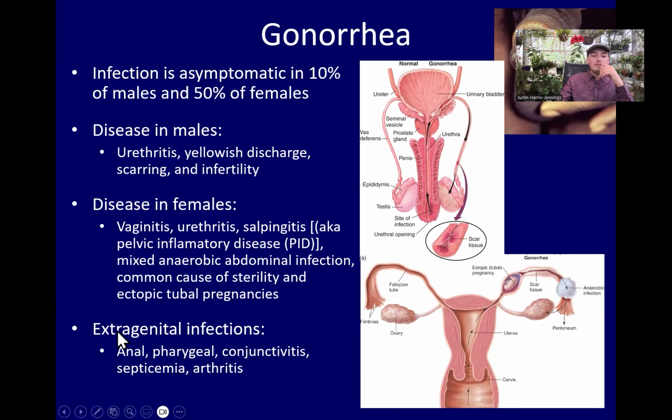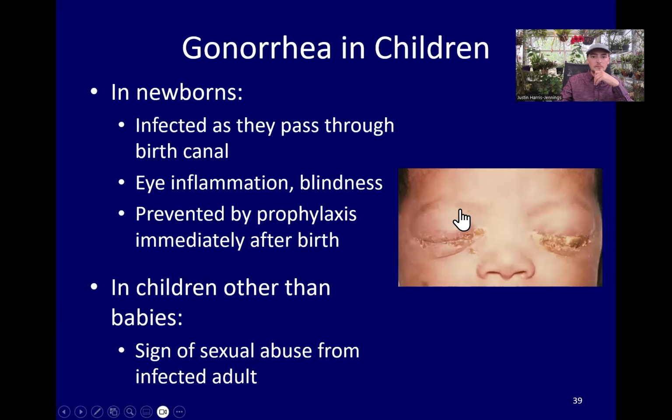You can also get infections outside of the genital region, like the anus, the pharynx, and the eyes. You can also get it in the blood and in the joints, but for the most part, that's going to be in rare cases where you have severe hemorrhaging and infection at the same time, which does happen.